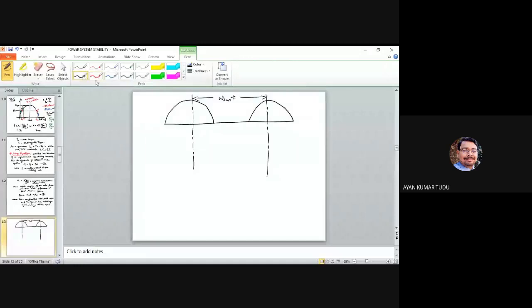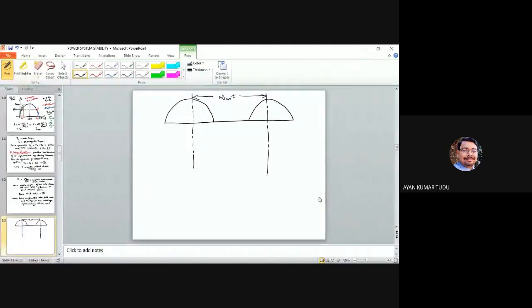So what we are seeing here, these are the field poles that I am drawing.